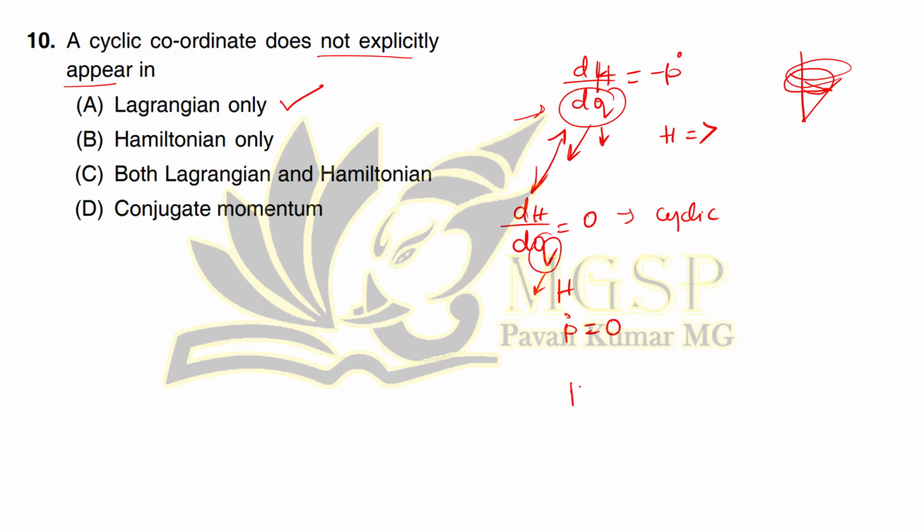P dot is equal to 0 and p is constant with time. When you take the time derivative, there is no existence of this q, then this becomes cyclic, and the momentum will be constant with time.